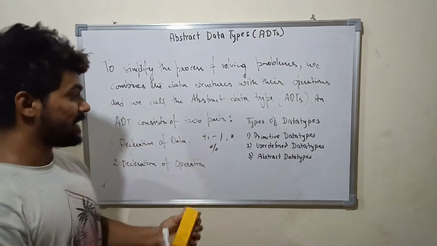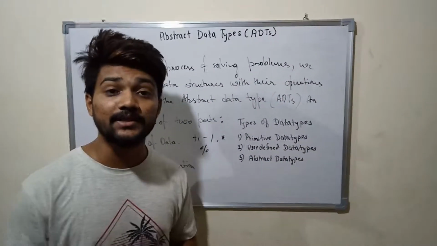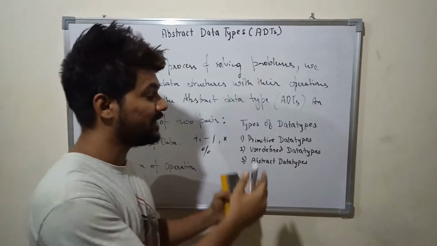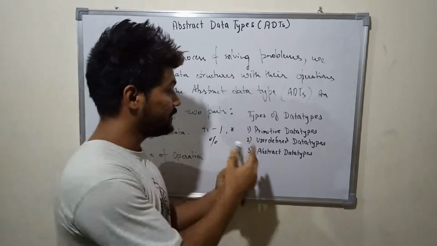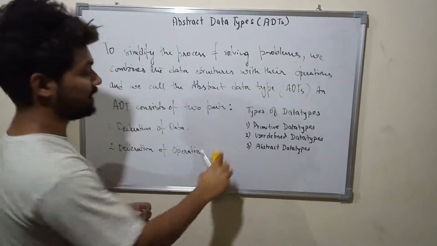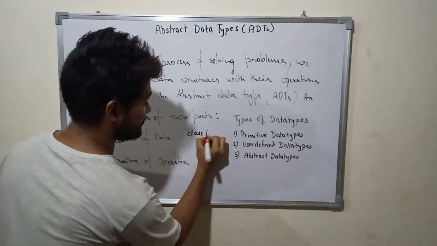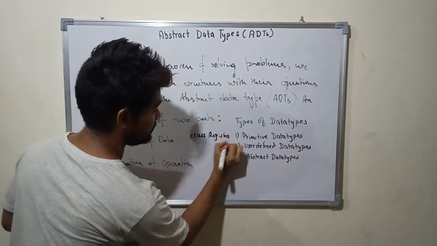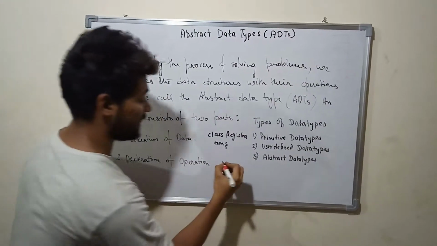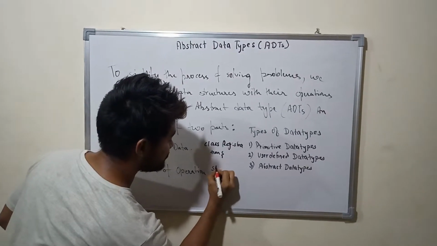Just like the operations in primitive data types, in user defined data types we define various methods. Those methods are defined for performing various operations on the user defined data types. For example, if we create a class registration, and this class will contain another method, student registration.